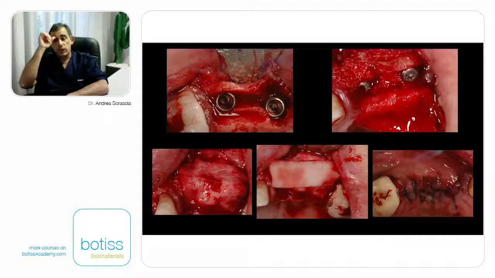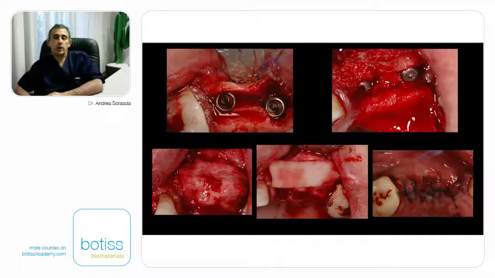Immediate insertion after extraction, while on 2.5, where we had extremely thin bone, I executed a split crest technique, filling the remaining bone defects with heterologous bone and a resorbable membrane.